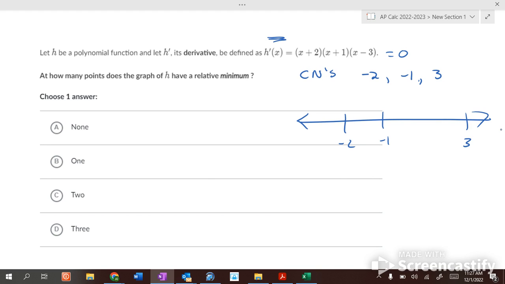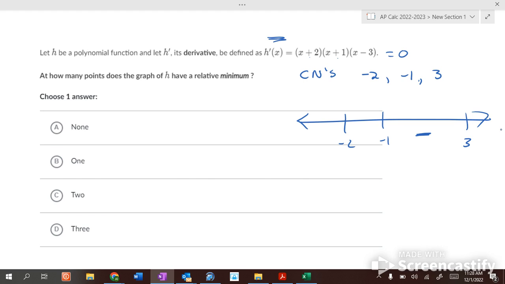So let's test the number in between -1 and 3. What's the number in between -1 and 3? 0. If we put a 0 in here, we get 2 times 1 times -3, which is a -6 or whatever. Yep, it's a negative number. Let's take a number in between -1 and -2, which is -1.5. -1.5 makes this a +1/2, a -0.5, and a -4.5.